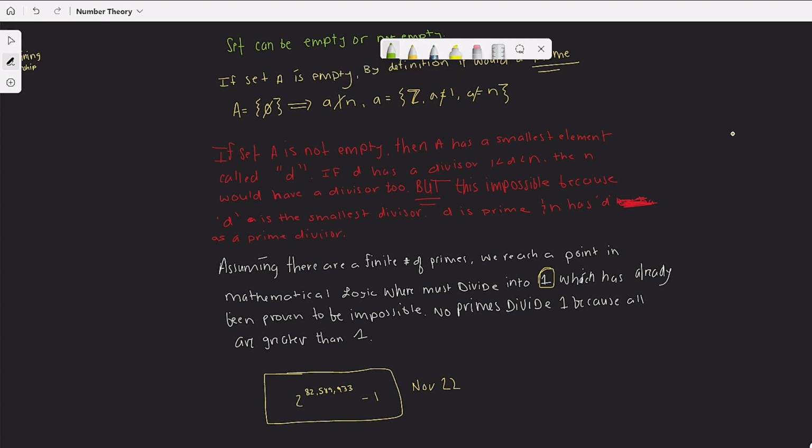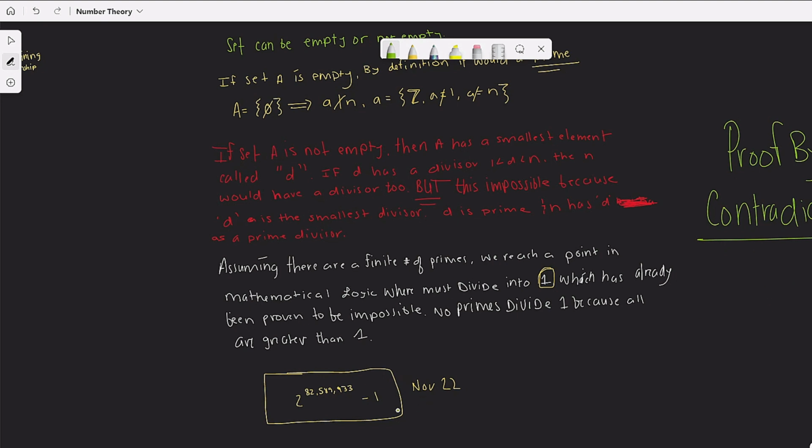Let's write that out. Proof by contradiction. By assuming the contradictory response that there is a finite number of primes and proving that that's impossible, we have proved that there is an infinite number of primes.